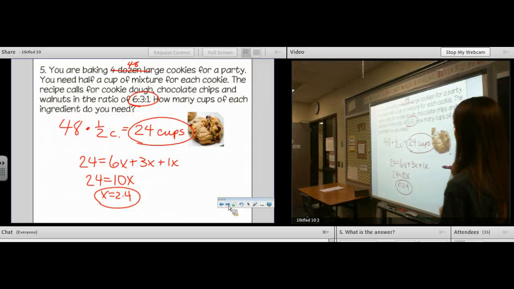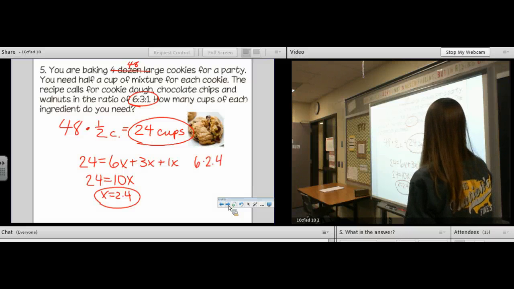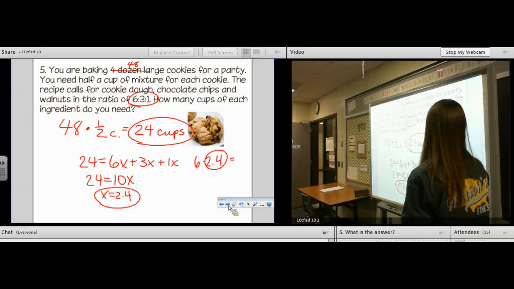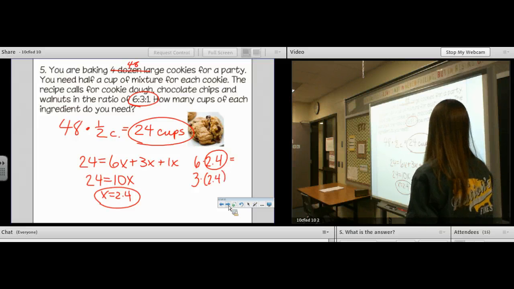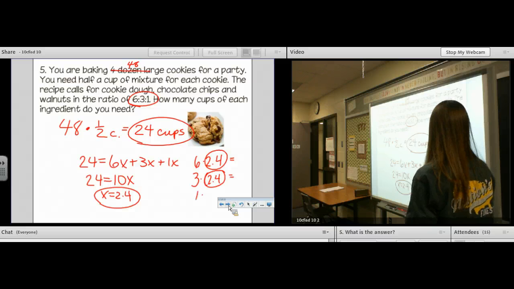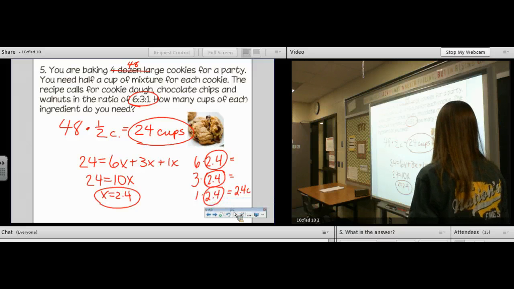So I need 6 of these, our common product, to get me my cookie dough. I need 3 of these parts to get me my chocolate chips. And I only need 1 of these parts to get me my walnuts. So 2.4 cups of walnuts.